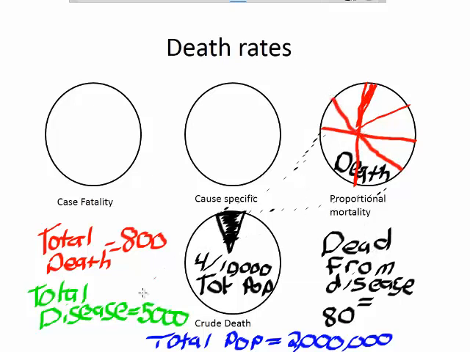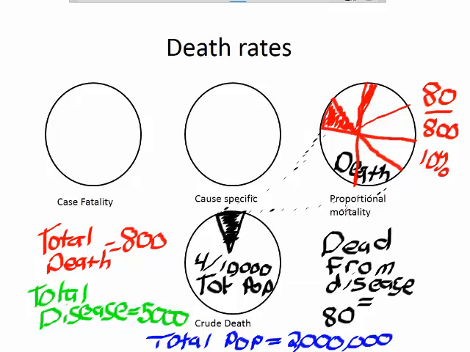So for this particular disease, there are 5,000 people in 2 million that had it, but only 80 died. So we're going to consider just this little wedge right here. Those people died from this particular disease. Out of the 800 total deaths, 80 were from this disease, and that equals 10%.